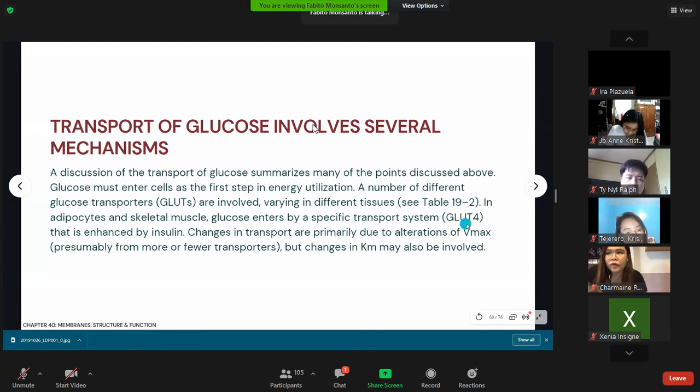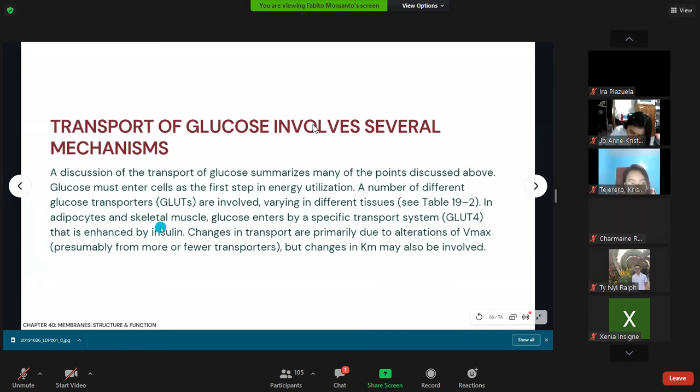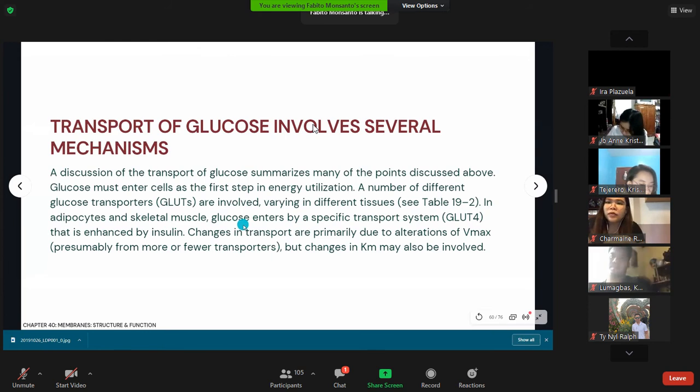GLUT 4 is for adipose tissue and skeletal muscle. So these two tissues, adipocytes and skeletal muscle, use GLUT 4 so that glucose can enter. Okay?